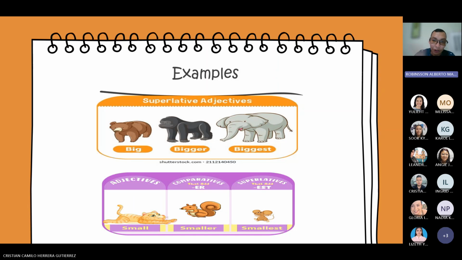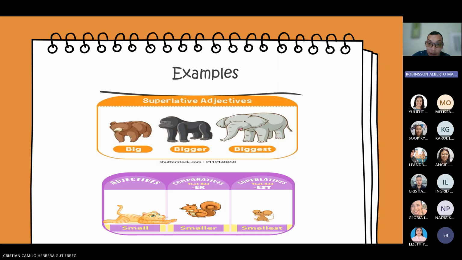Okay? For the next example, with you again, Miss Shuk Jun. Okay? Yes. Okay. We have the adjective. This adjective is small. What would be the comparative for small?